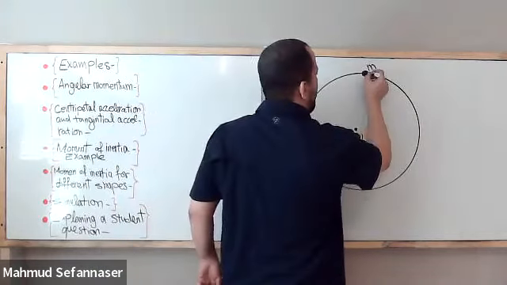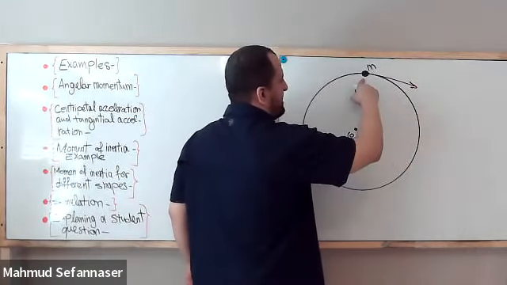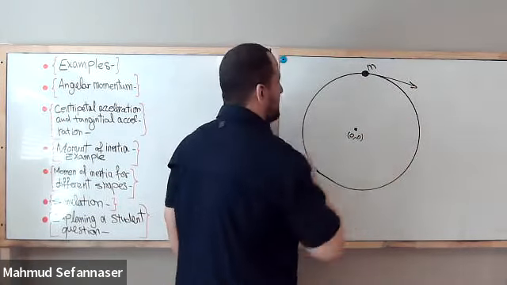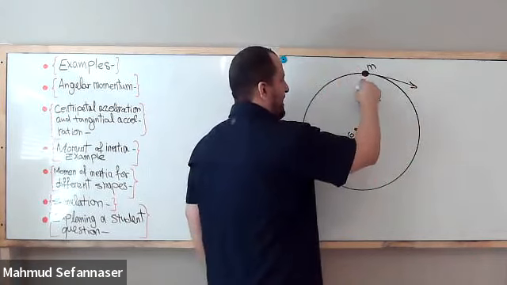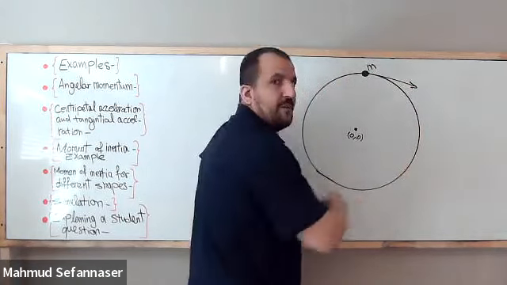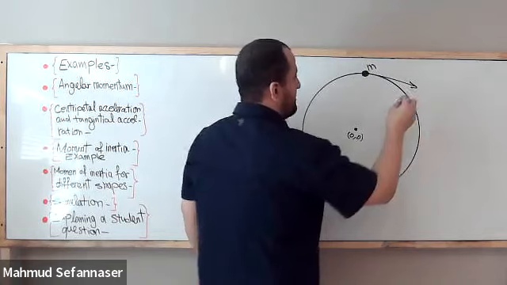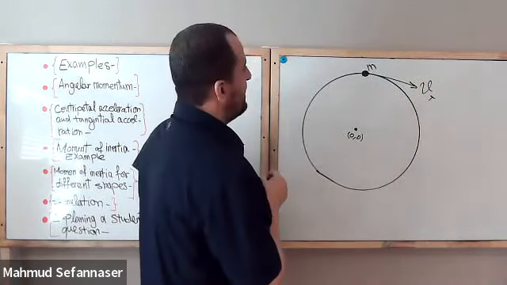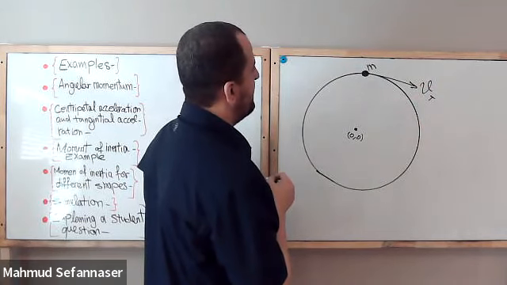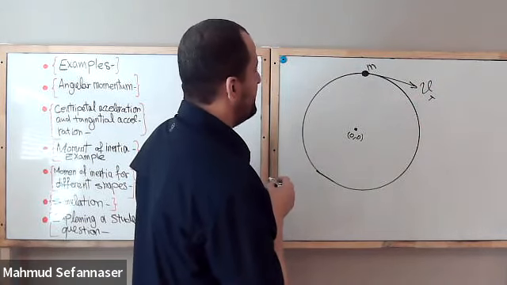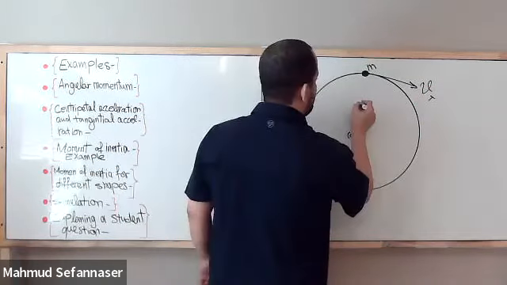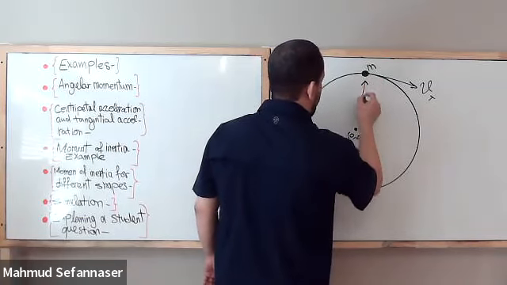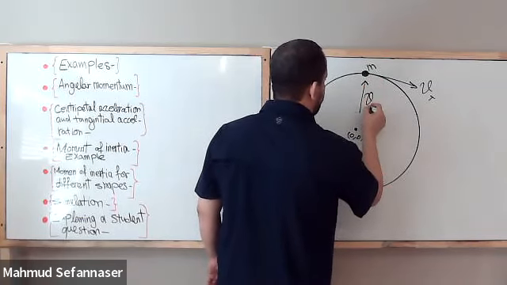So again, when this object is rotating about this rotational axis, that means the center of mass will start to move in a circular path, as you can see here. So we'll have tangential velocity, guys. And also, we will have radial velocity, which is VR.